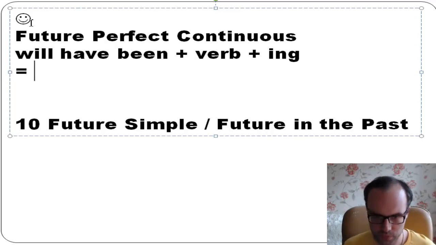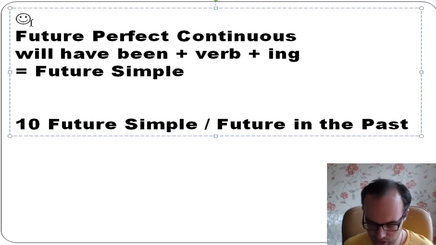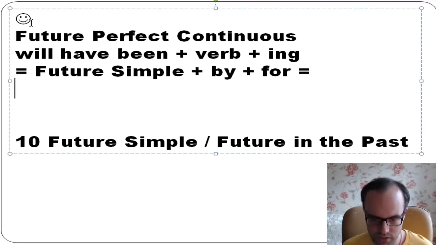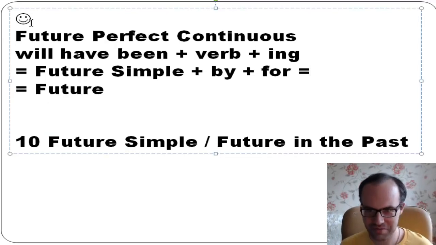So what is future perfect continuous? It's future simple, but you also need by and for, or in other words, you know that I'm good at maths. I taught maths, really.